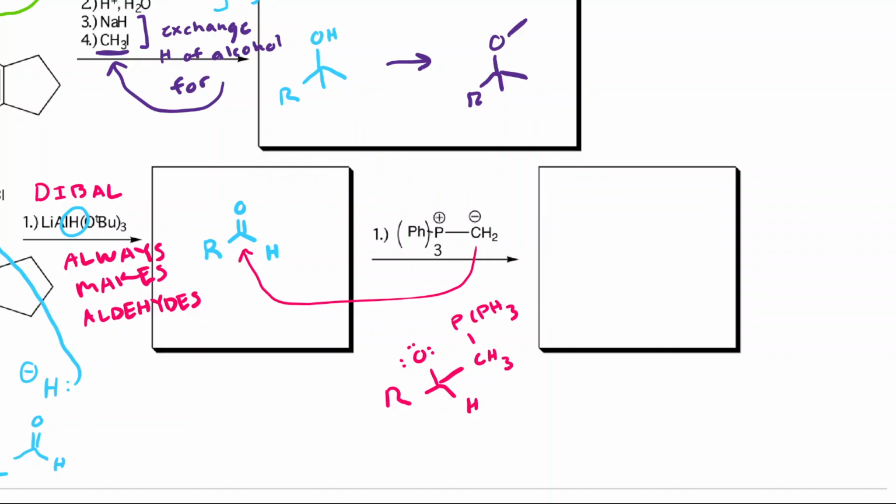Sorry, I forgot to draw the electrons pushing up. But now as a result of the carbon adding in, we had to push electrons up from the pi bond to the oxygen. And that's all.